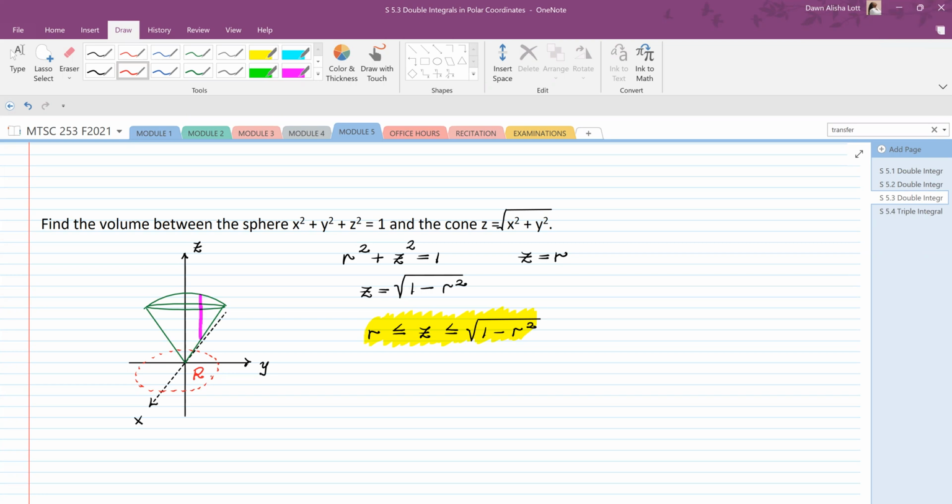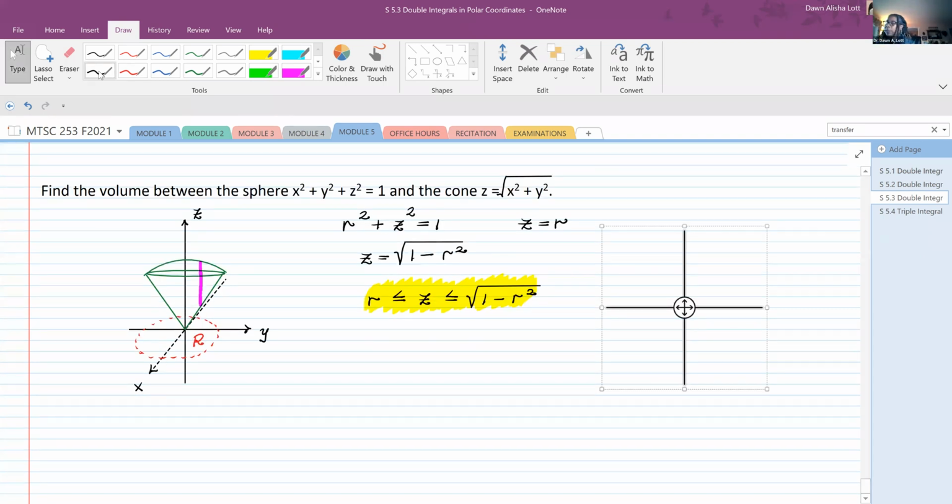I'm still here. How do you find the region that you're integrating over? We have to find r, the region in the xy plane. Set them equal to each other.